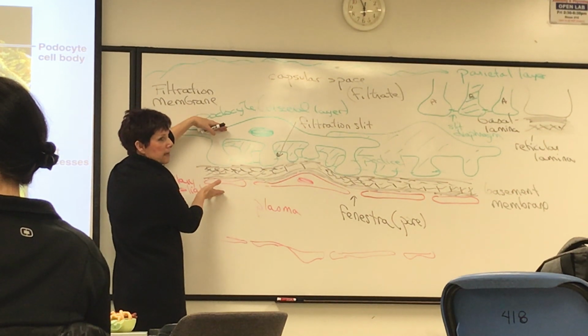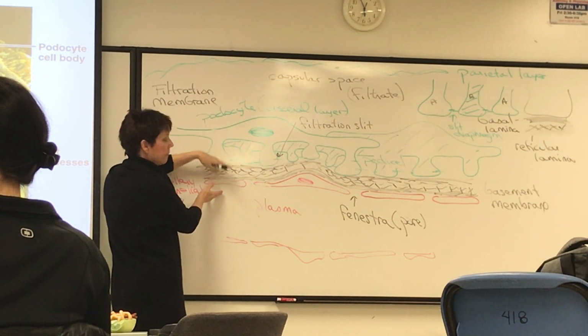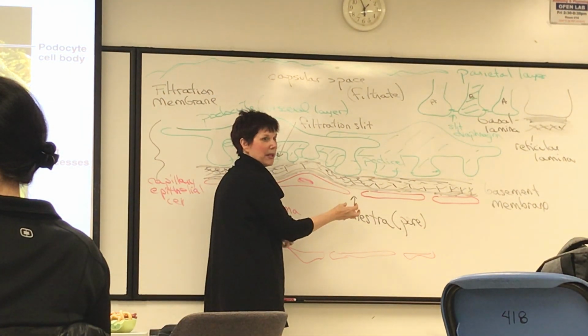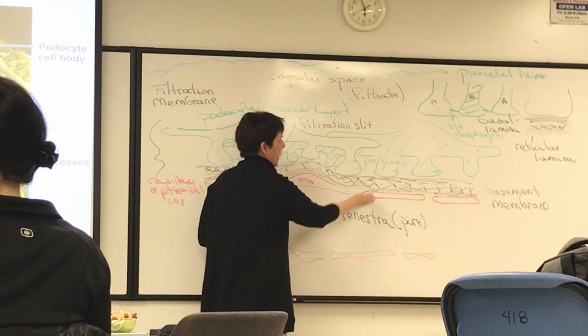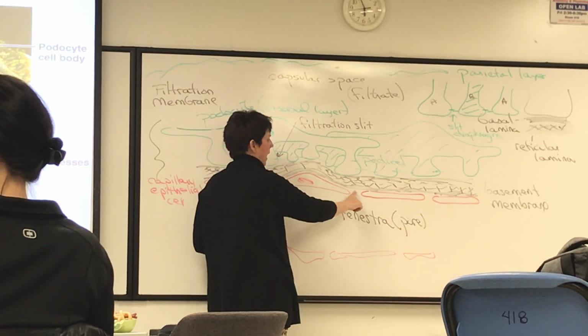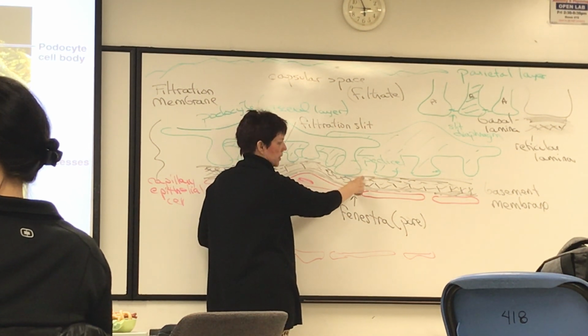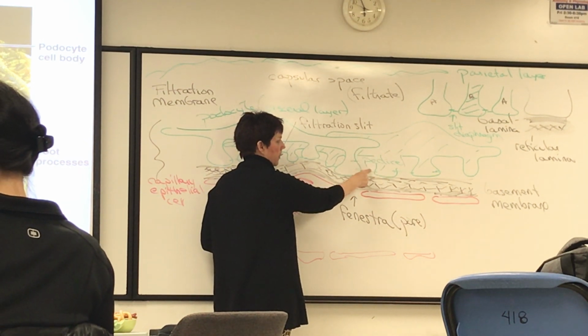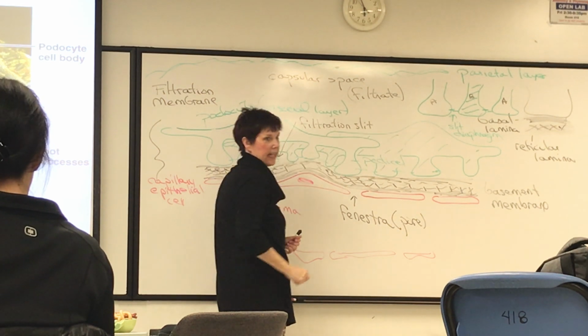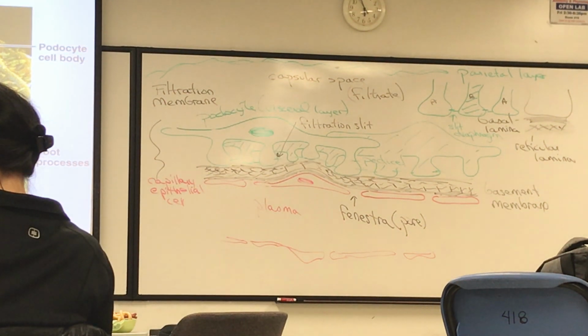This is two simple squamous epithelial with basement membrane in between, and that's the filtration membrane. That's what, say, a molecule of amino acid has to cross to get from the plasma into the filtrate. It has to go through that pore, through two sets of basement membranes, through the slit diaphragm of the filtration slit, and then finally it's in the capsular space.